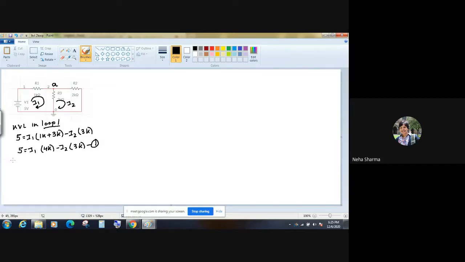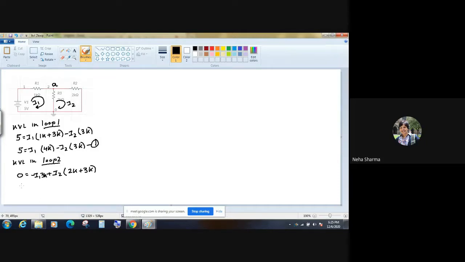Likewise, if I apply KVL in loop 2, since there is no energy source there, 0 is equal to, first I solve for I2, so I2 times 2k plus 3k, and since the current I1 is in opposition with I2, negative I1 times 3k.